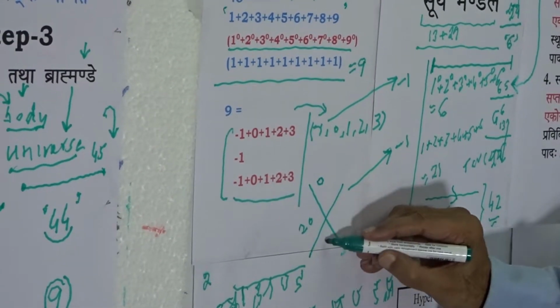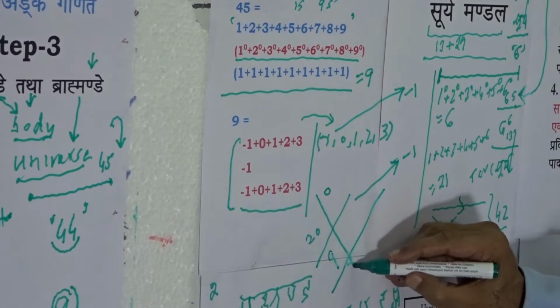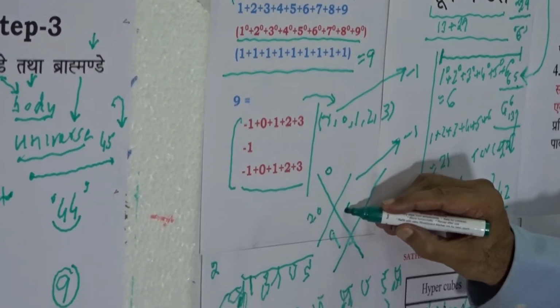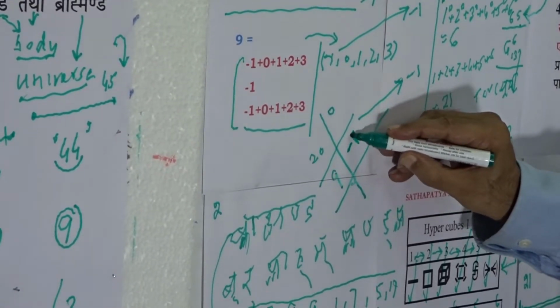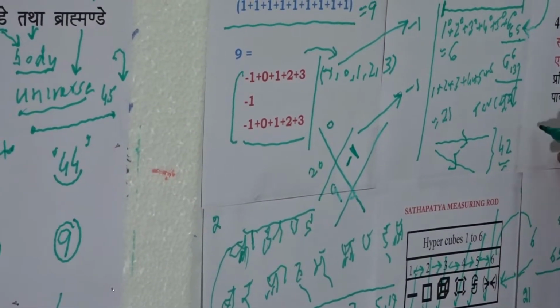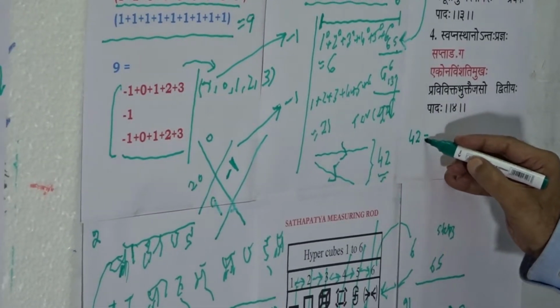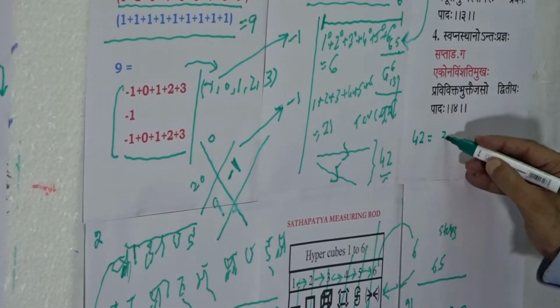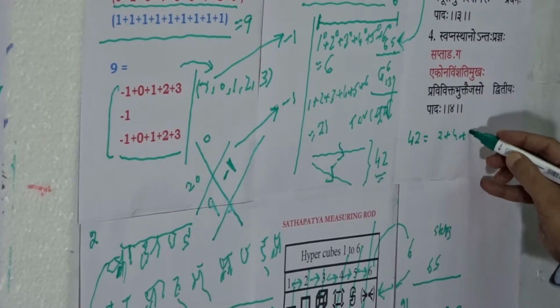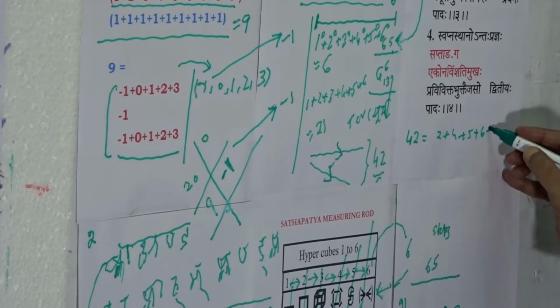Now the value 9 is a reach as a synthesis value of a pair of transcendence ranges of value -1. Now value 42 is the value which is equal to 2 plus 4 plus 5 plus 6 plus 7.